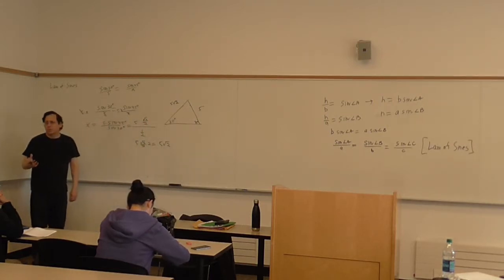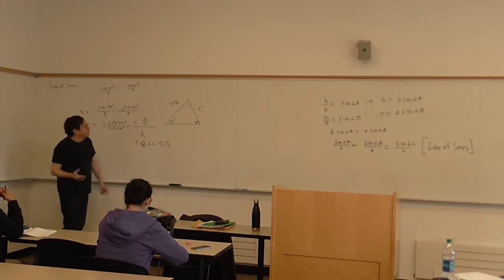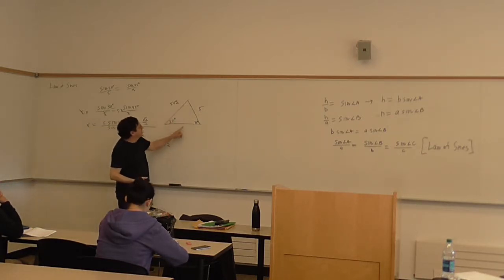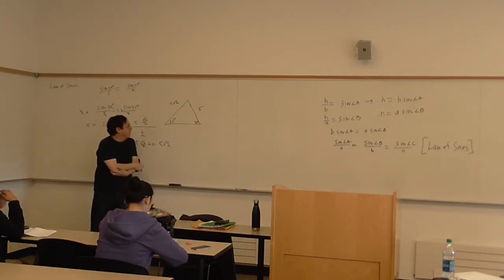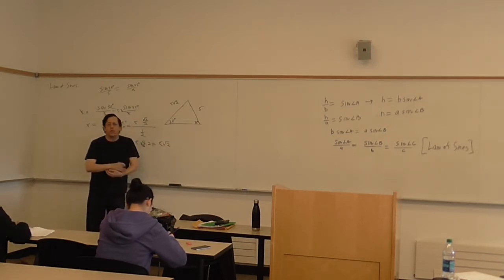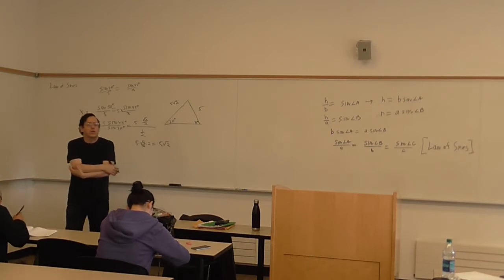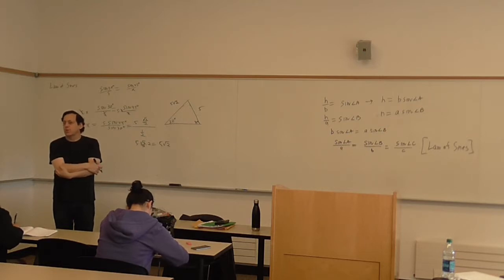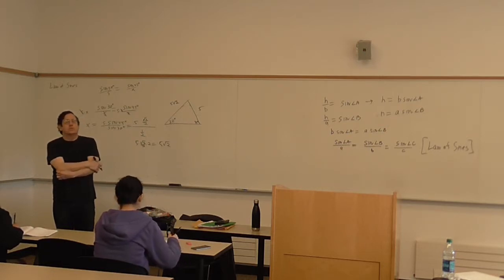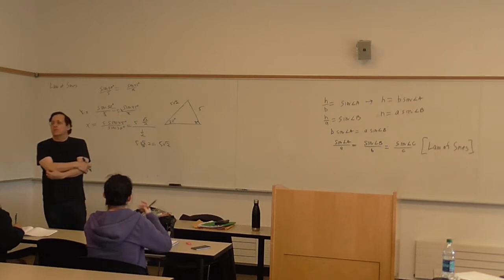I'm not quite done though. I still don't know this angle, and I still don't know this side. So how would I go about figuring those two out? Let's start with the angle. Having 180 subtract.